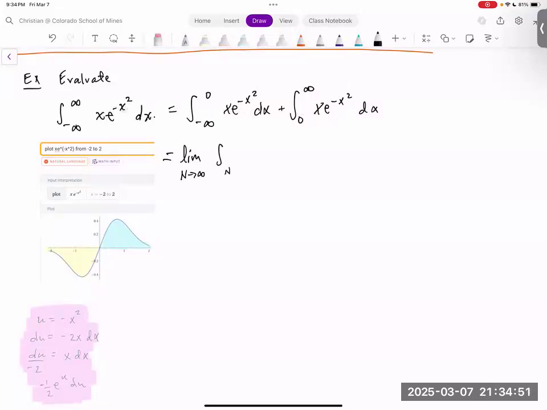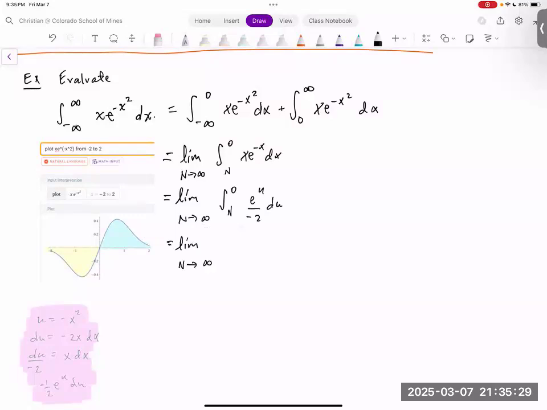All right, so n to 0, x e to the negative x squared dx, that's limit as n goes to negative infinity, x e to the negative x squared dx. If we use the u substitution down here on the left, we will end up with n to 0, e to the u, negative 1 half du, and the n and 0 are currently x bounds, not u bounds.